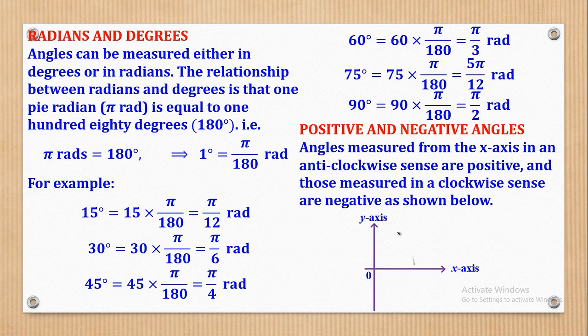So let's do that. So that will be a positive angle, but if it starts from here going in this direction, the angle will be negative. So let's do that. So that is a negative angle. So that's how you can know that the angle I've measured is positive or negative.